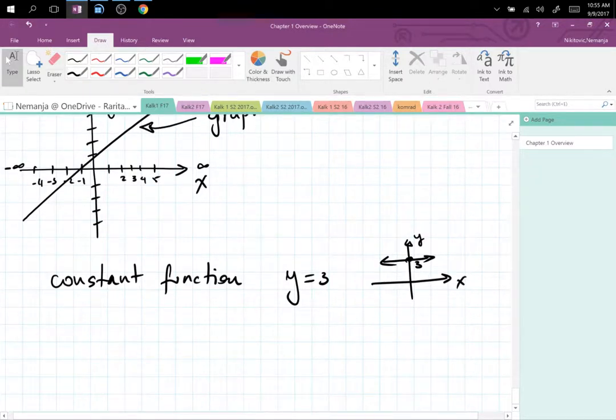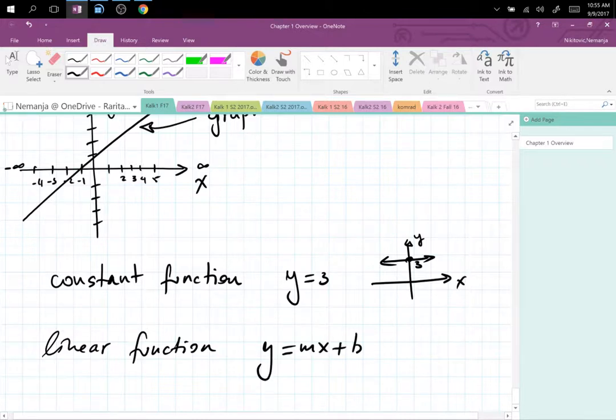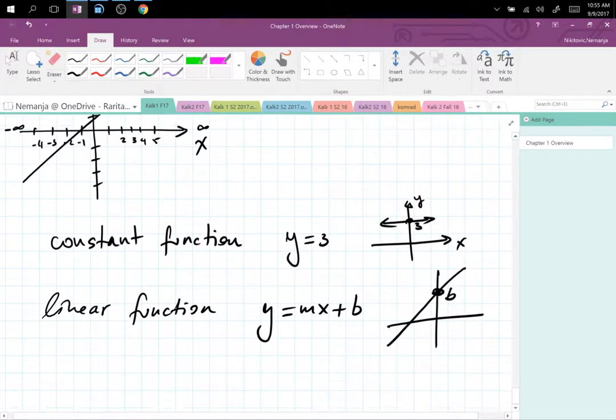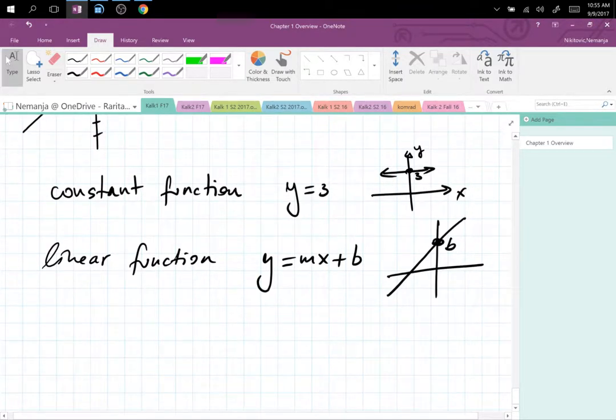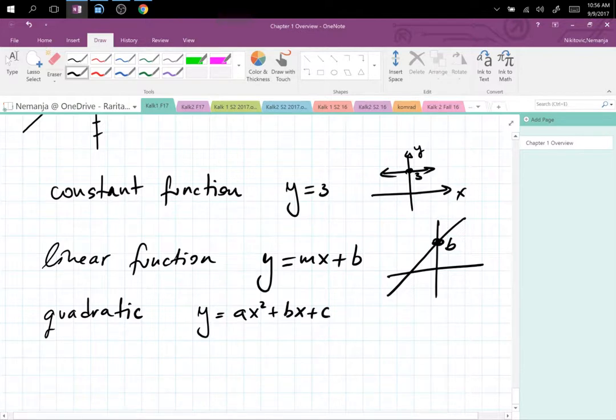You need to know the linear function, y equals mx plus b. This is your b. You have slope m and all of that stuff. Quadratic: y equals ax squared plus bx plus c.